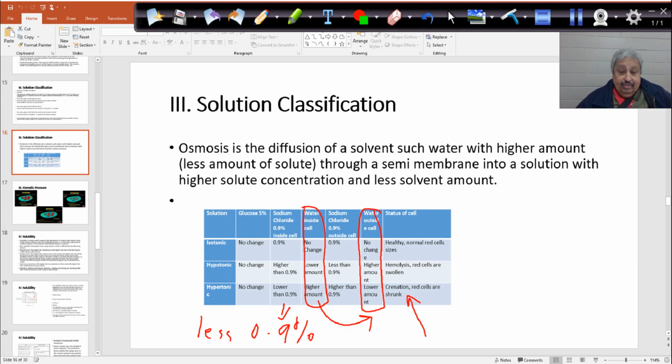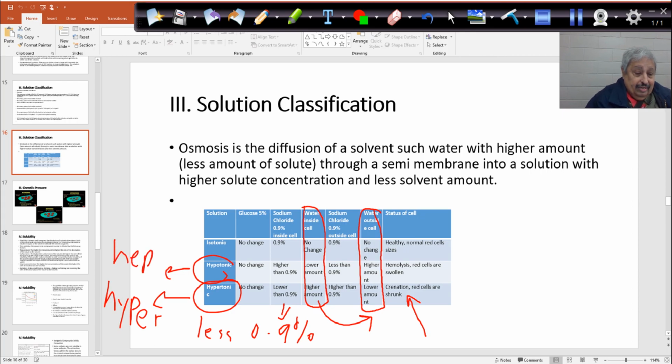H2O is more than 94%. So this type of solution is called hyper. Hyper always means higher, and you have hypo. Hypo means lower than. Hypo, as in hypothermia, hypotonic. Hypo means under or less or lower, and hyper means higher.